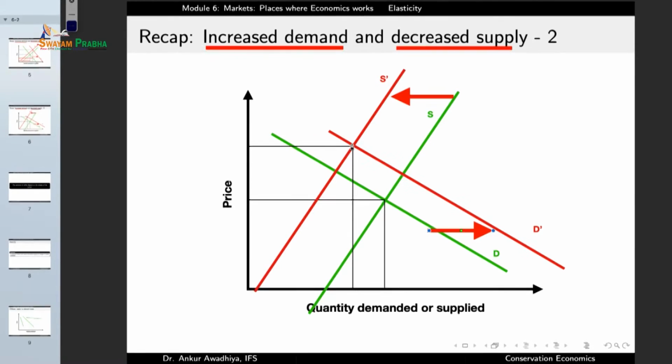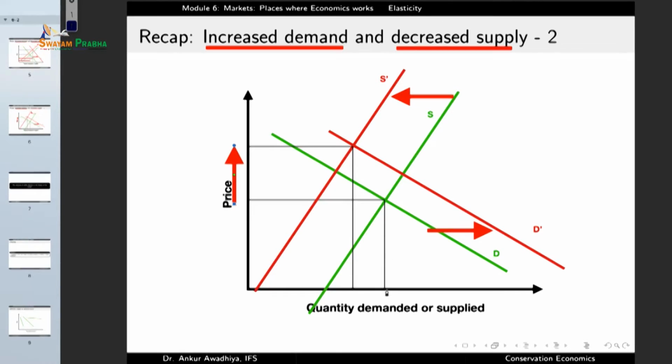The new equilibrium is at this point where the red curves intersect, and this is the new price, and this is the quantity that is demanded or supplied. Now, here again, we are observing that the earlier equilibrium price was here, the new equilibrium price is here, which means that there is an increase in the equilibrium price.